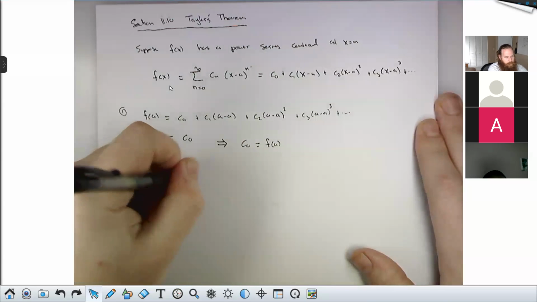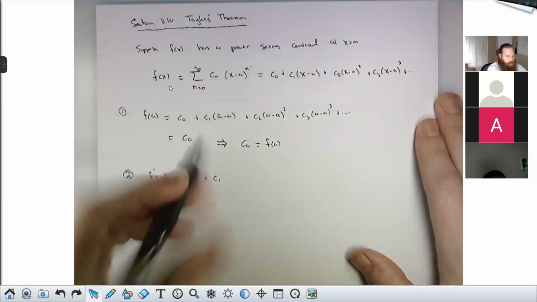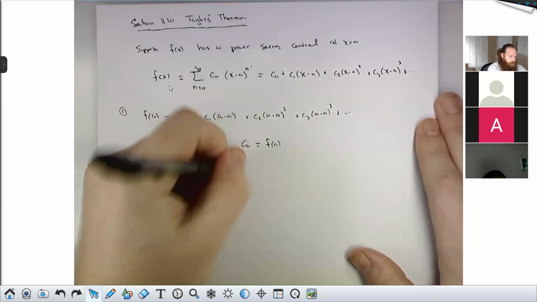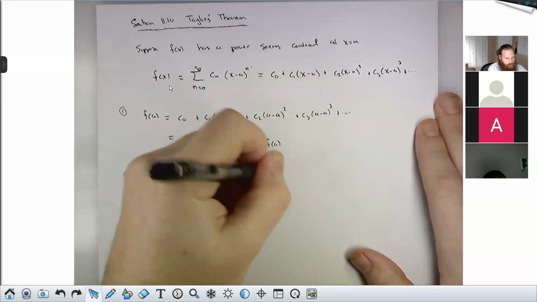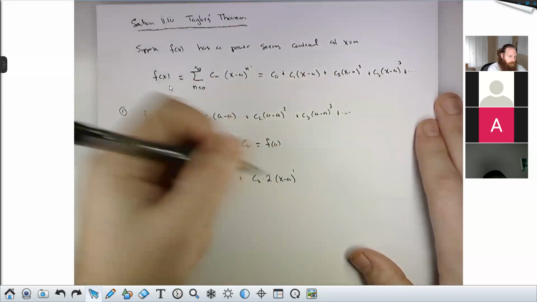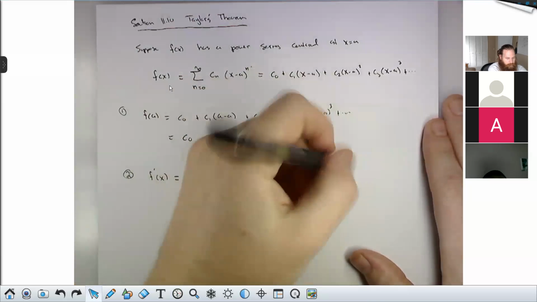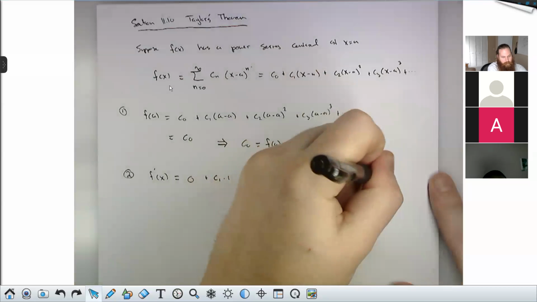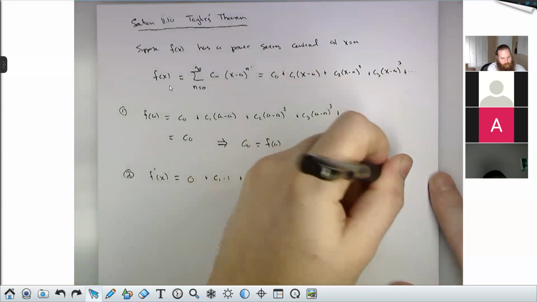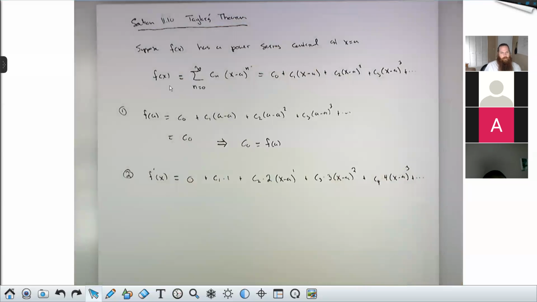The C0 is going to go away, and I'll get C1, the derivative of x minus a is just 1, plus C2, the derivative of x minus a squared is 2 times x minus a to the 1, plus C3 times the derivative of this piece is 3 times x minus a squared, plus the next term here would be C4 times 4 times x minus a cubed, and it goes on and on. That's the derivative of the series in the very first line.